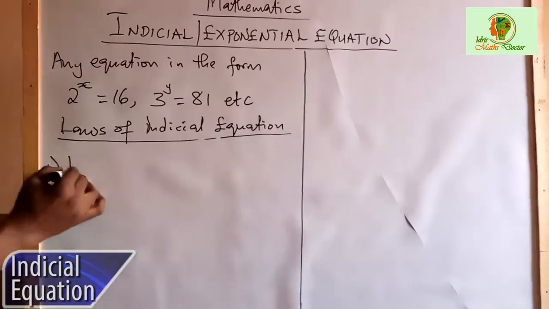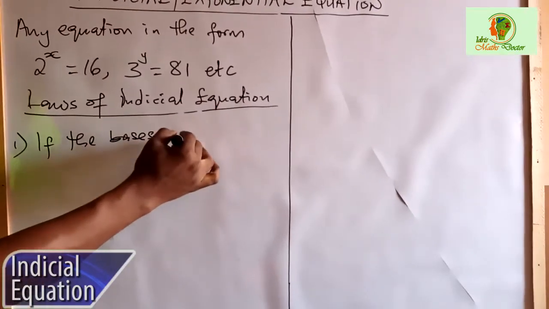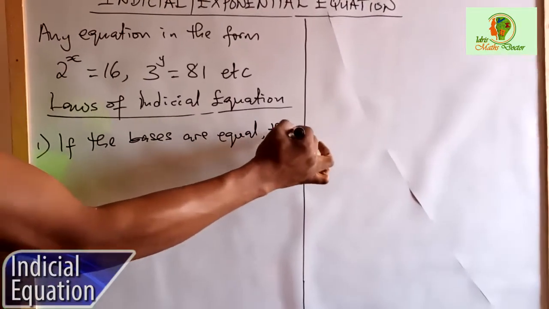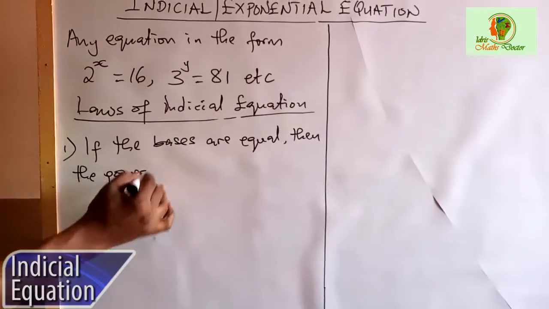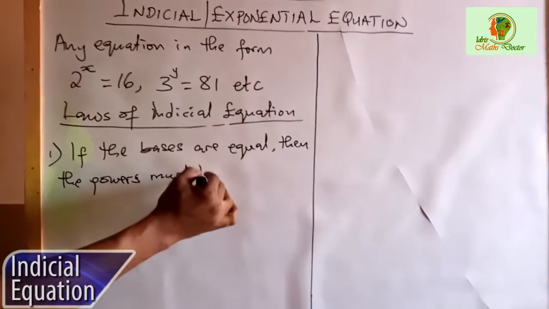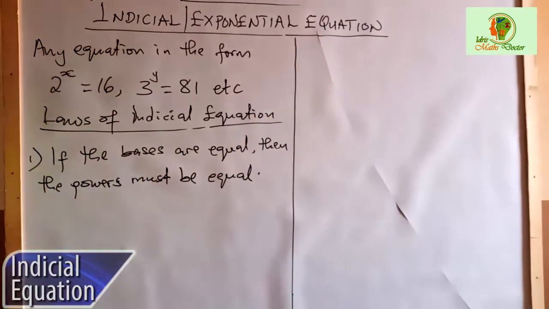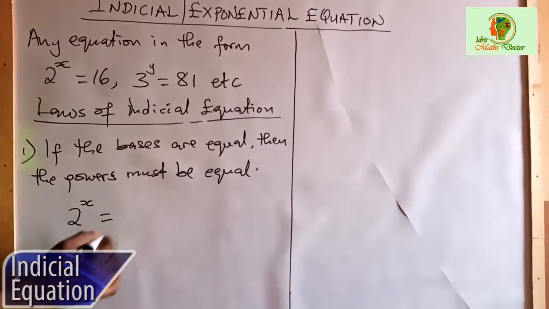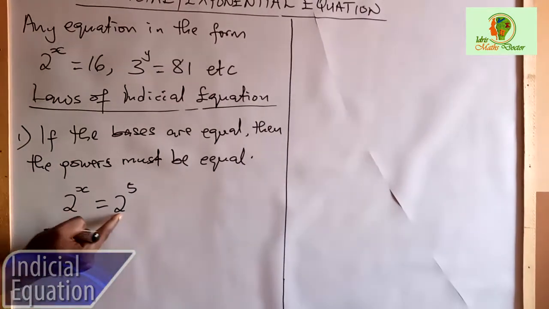The law states that if the bases are equal, then the powers must be equal. Meaning, if we have 2 raised to power x equal 2 raised to power 5, you can see clearly the bases are equal.